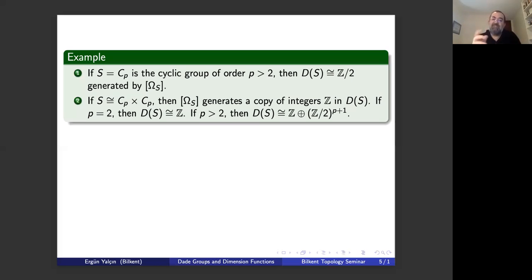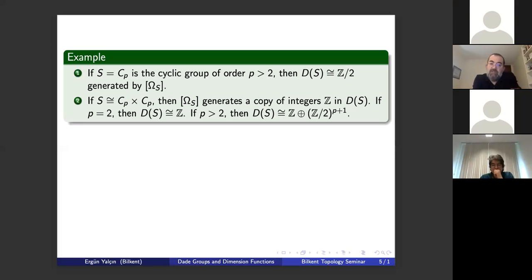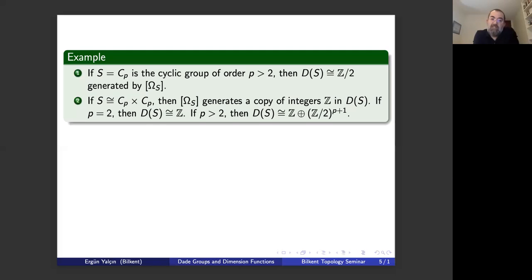So for those, you also get endo-permutation modules, and they generate a subgroup which is p plus 1 copies of C_2, that is Z mod 2. And Z is still generated by the first Heller shift.